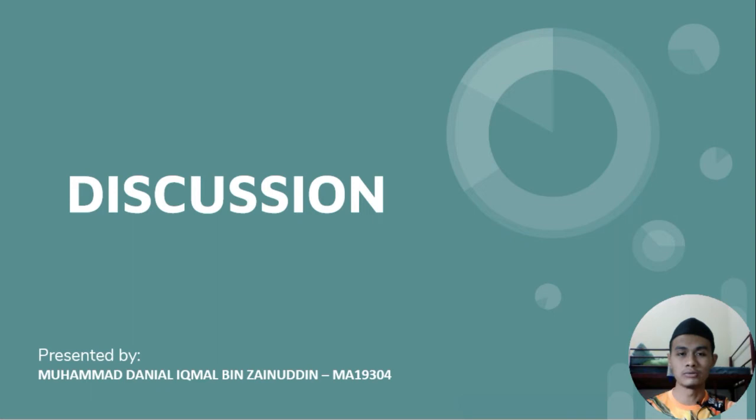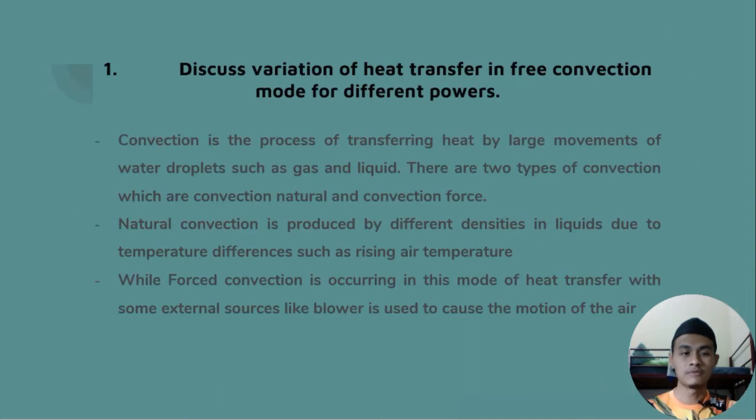Okay, today I would like to explain our discussion for lab 2, which is convection. So the first question is to discuss the variation of heat transfer in free convection mode for different power. As we all know, convection is the process of transferring heat by the movement of fluids such as gas and liquid.